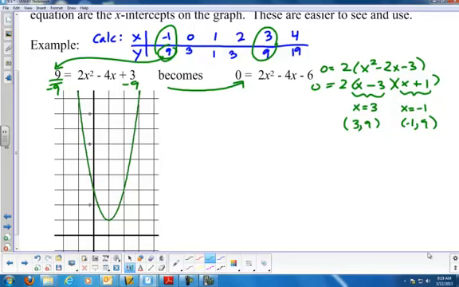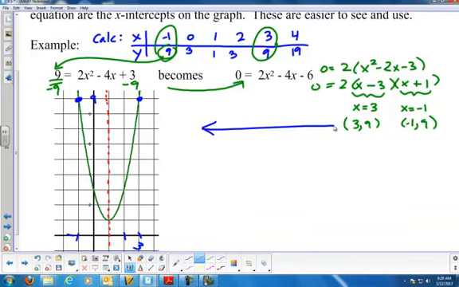All right, the second graph there, the grid is wrong. So we're going to analyze this on the first graph. So at 3, we're up here at 9. And at -1, we're up here at 9. And therefore, we know that our symmetry is directly in the middle at 1.